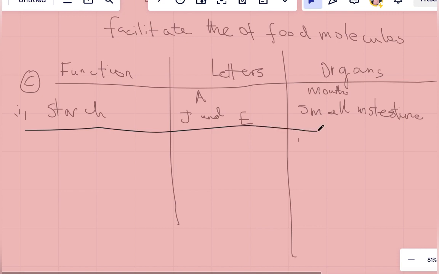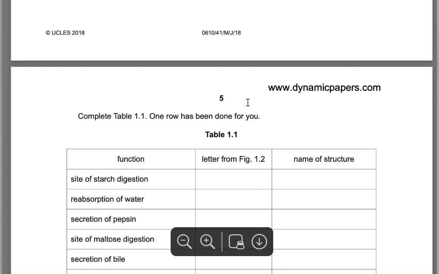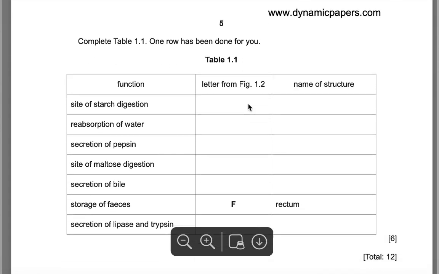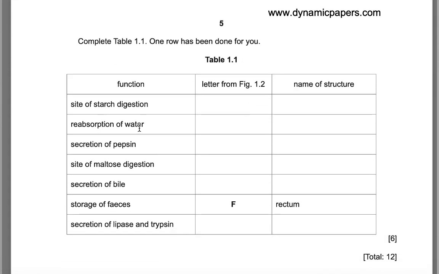Now the next one, we look at the question. Reabsorption of water. Reabsorption, not just absorption of water. Reabsorption of water normally happens in the small intestine, large intestine, and rectum, right?